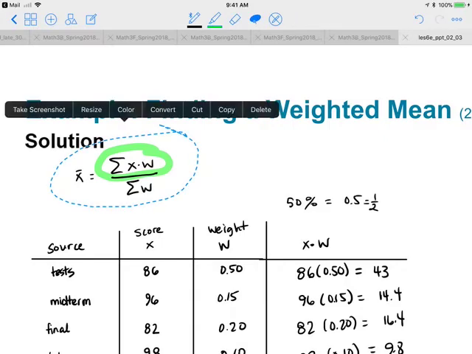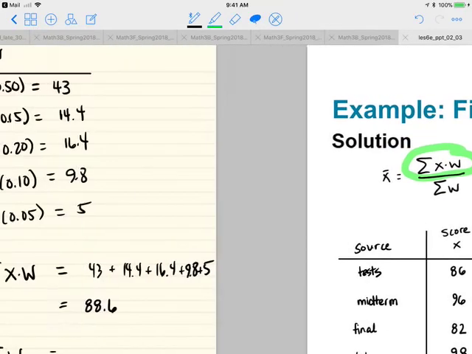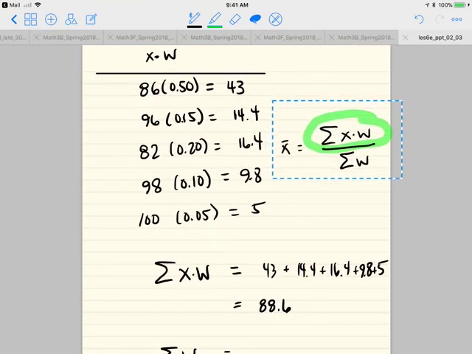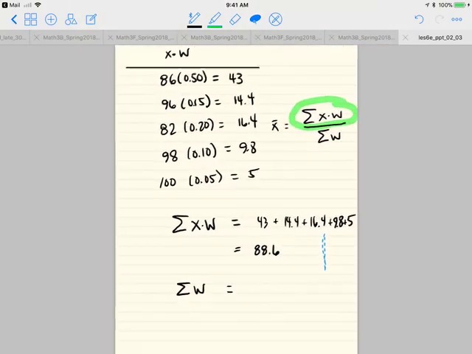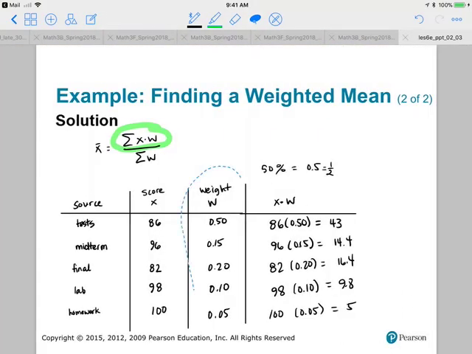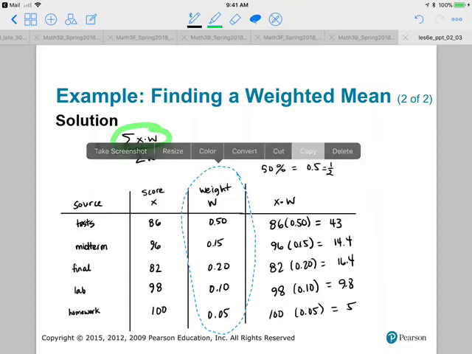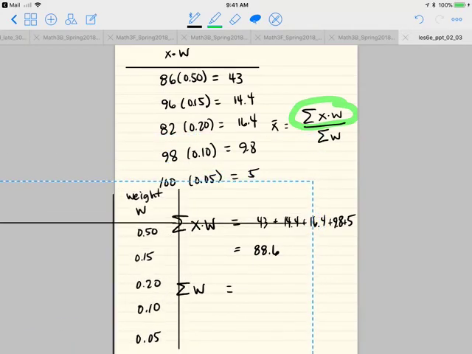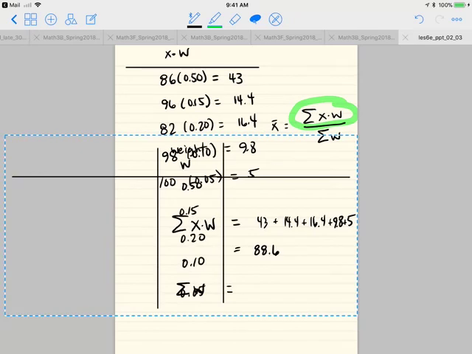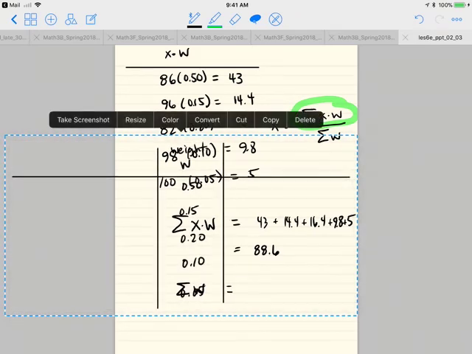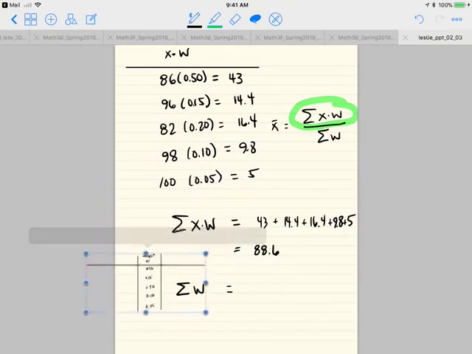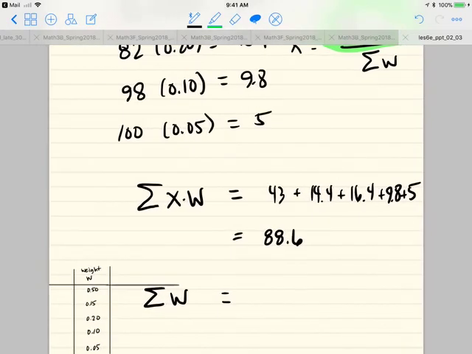And now I also need my sum of W because, remember my formula, here's my formula. Let me copy my formula. Paste. Okay, good. So my sum of W, so let's go back here. What are my weights? Copy. Paste. Resize.